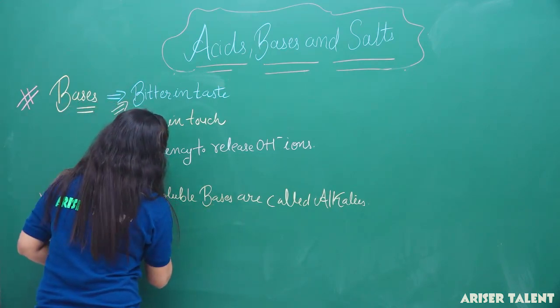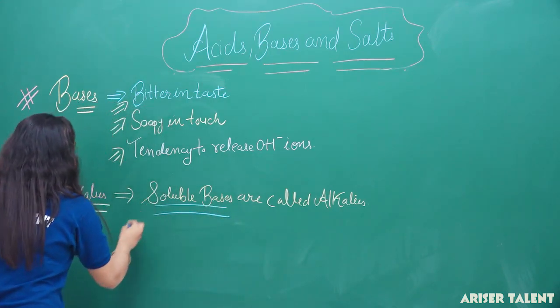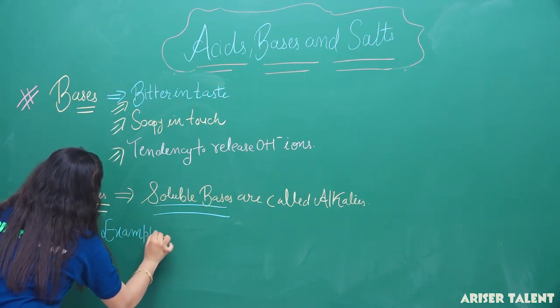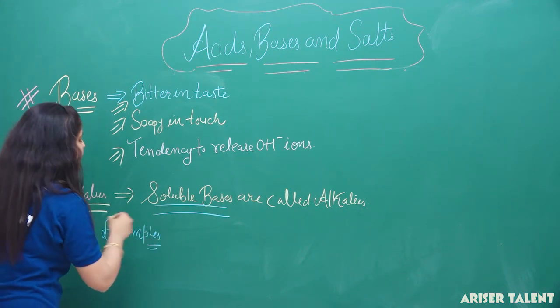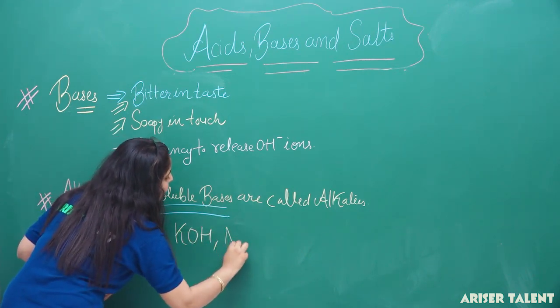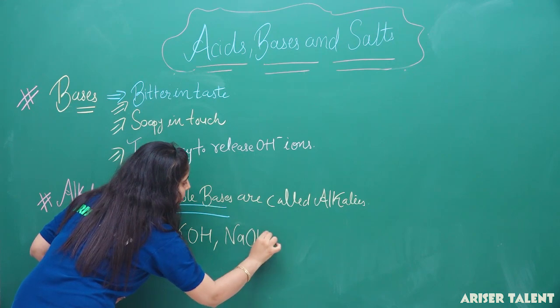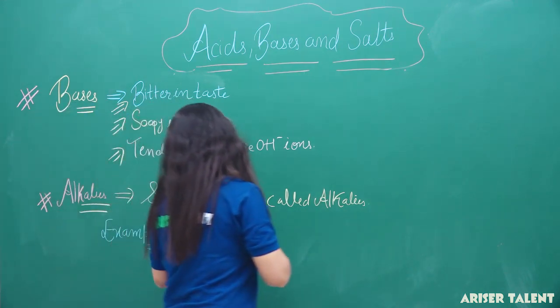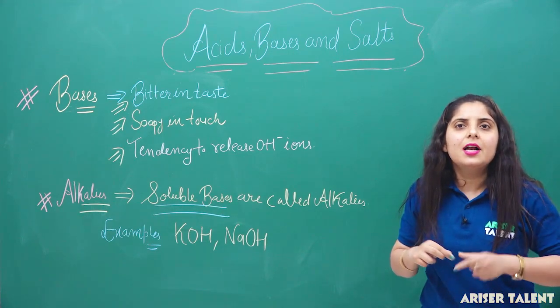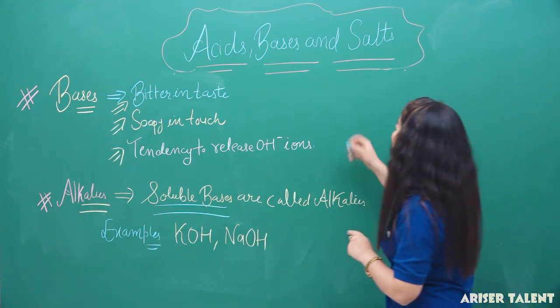So soluble bases are called alkalis, and we have two examples in this category. The two examples are potassium hydroxide and sodium hydroxide. Now we also have some other OH group substances, but these are not considered in the category of alkalis.